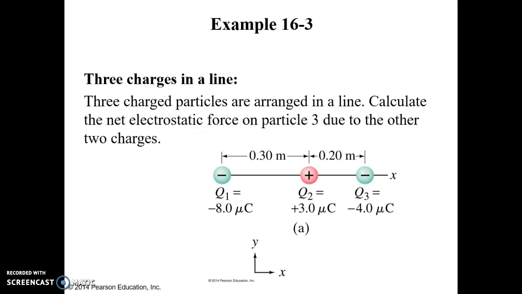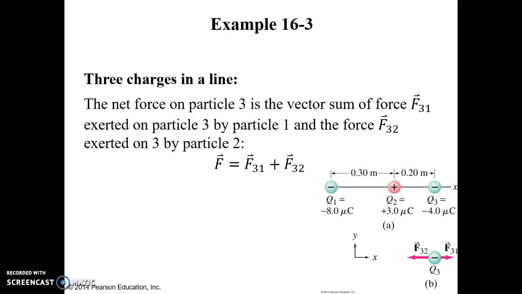So here's an example. We have 3 charged particles that are arranged in a line. We want to calculate the net electric force on particle 3 due to the other 2 charges. The net force on particle 3 is a vector sum of F31, exerted on particle 3 by particle 1, and F32, exerted on 3 by particle 2.